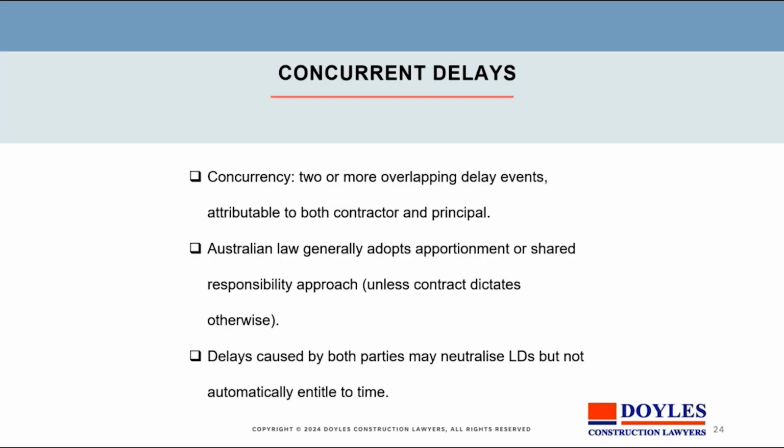So it's important that you again watch yourself. If the principal is delaying as a contractor, you should make sure that you're ready and able to work at any stage during that period of delay, that you maintain a readiness to work in order to obtain the benefit of the extension of time.